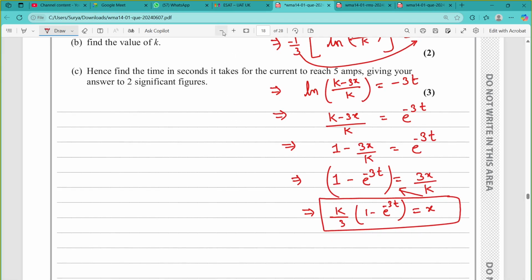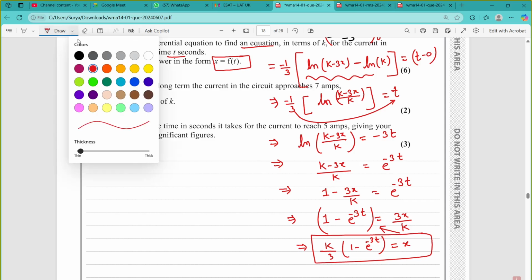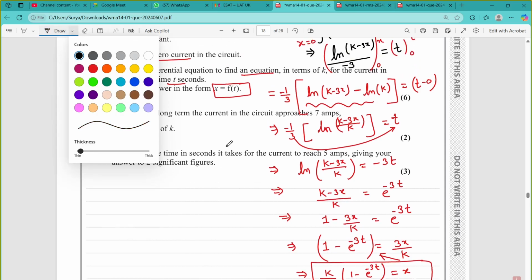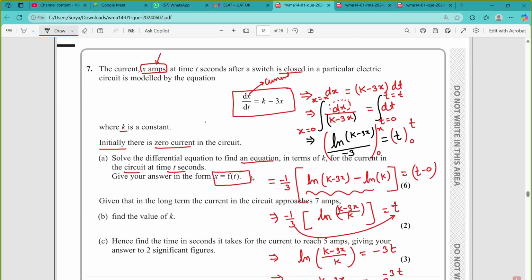Why is the upper limit t? Where does it say that? Basically, we have to find the function. We have to write x in terms of the t variable. We have to write a function. So the final t should be anything.